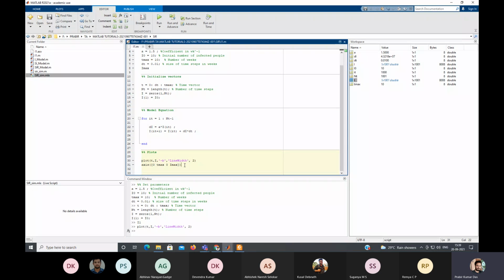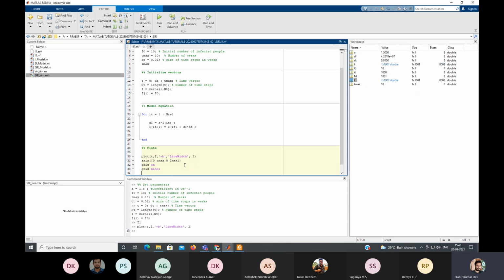So this is our axis, and also we will add grid on. We will add also grid y naught and our x label. Our x label is time in weeks.